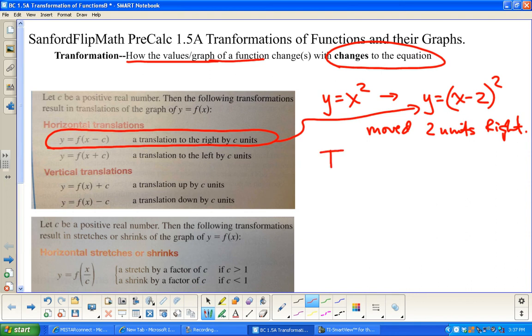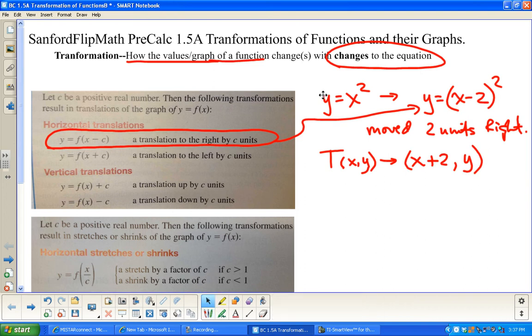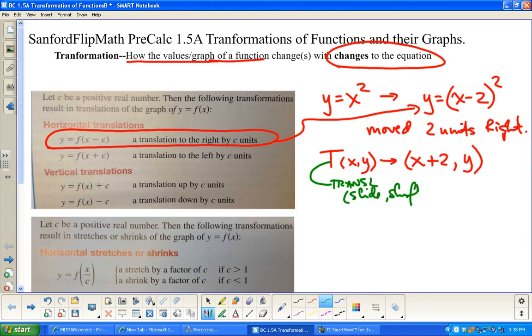What we did was a translation, where all of the (x, y) became (x plus 2, y). What this notation means is a translation, which means slide or shift or move. The x values actually became 2 more than what they were.